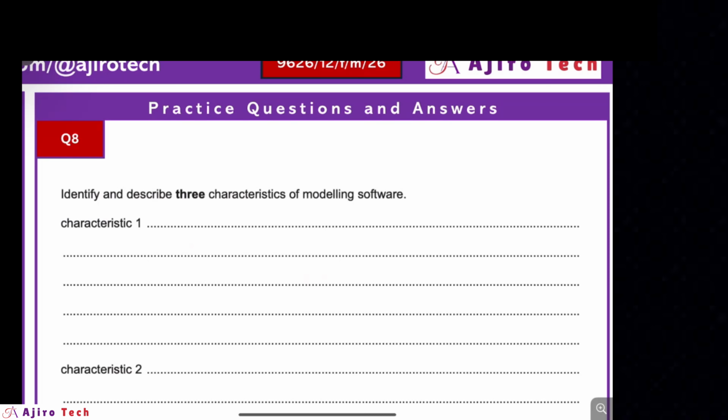Question 8. Identify and describe 3 characteristics of modeling software. So that's chapter 9, modeling. So what are the characteristics of modeling? When we are talking about modeling, the first one is what-if.